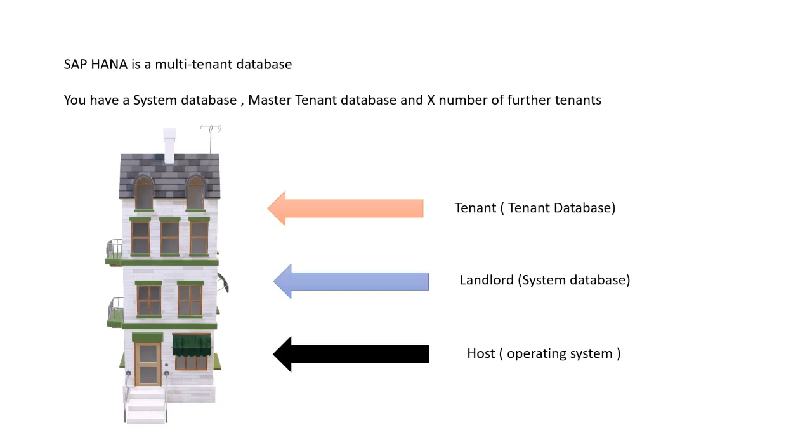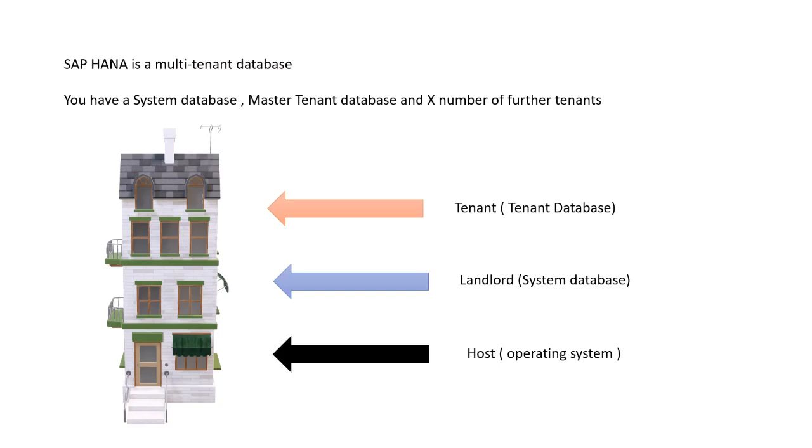As an analogy, we are going to consider the structure of a building and the landlord and tenants as an explanation of this MDC structure of HANA. As you can see in the diagram, it's a two-story building.